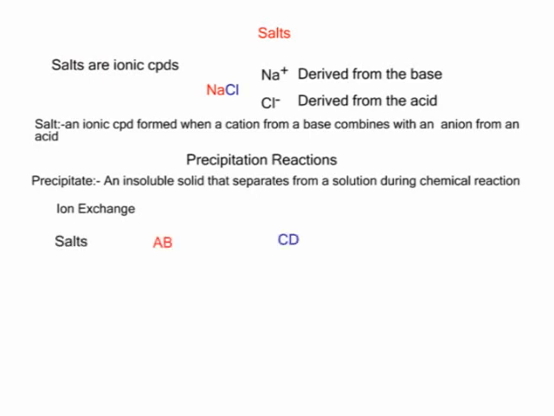Let us say I have two salts, AB and CD. Now, salts being ionic compounds means that in AB, A is the cation and B is the anion. In salt CD, C is the cation and D is the anion.